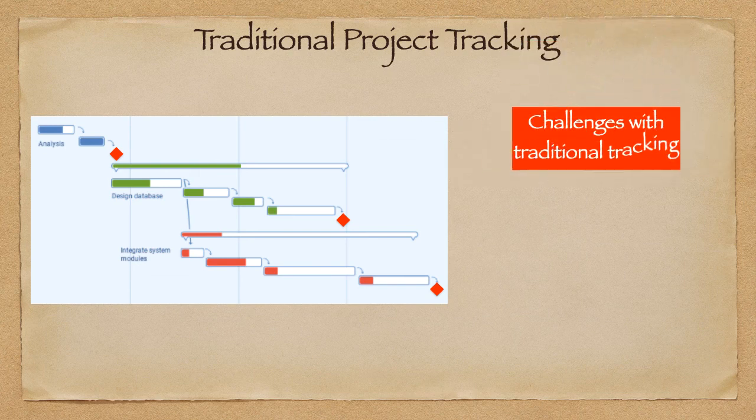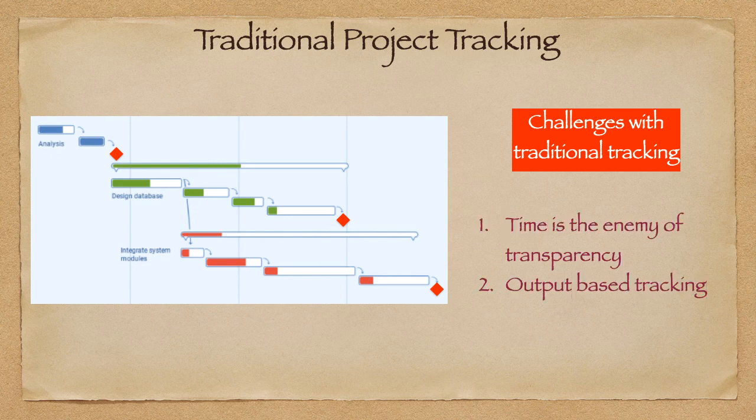There are a couple of challenges with this way of tracking, the traditional approach. Time is the enemy of transparency. That is the first challenge. What does it mean? The longer time you take to deliver anything, the lesser the transparency it will have.